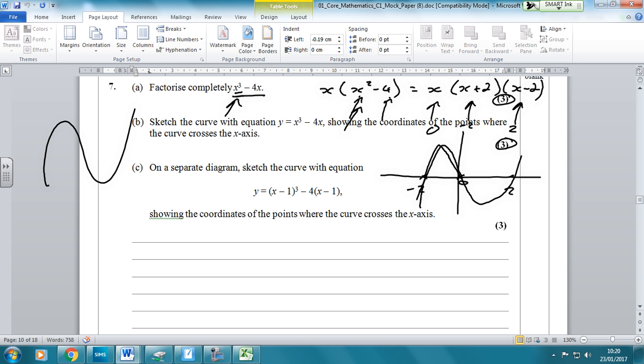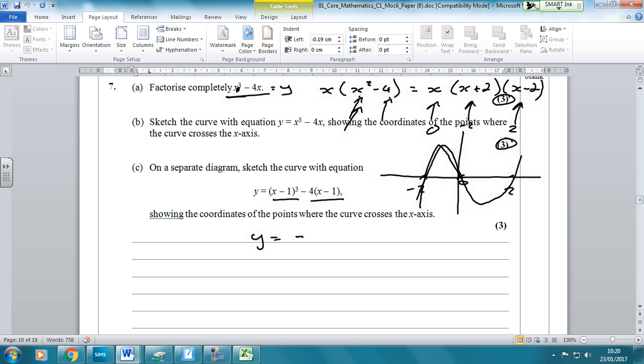Now the next bit is where a lot of people fell down. What you've got to do is spot that this here, y equals x minus 1 cubed minus 4 times x minus 1, and this at the top here, y equals x cubed minus 4x. So all they've done is replace the x with x minus 1.